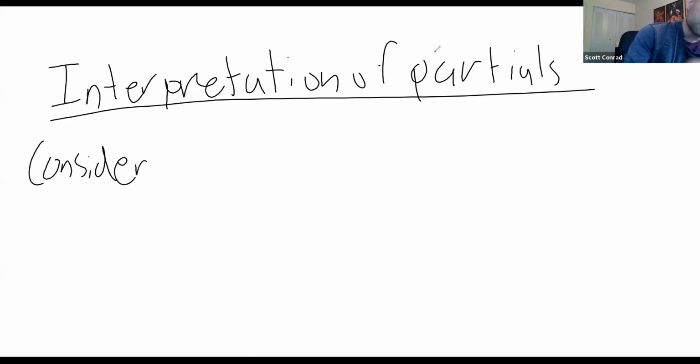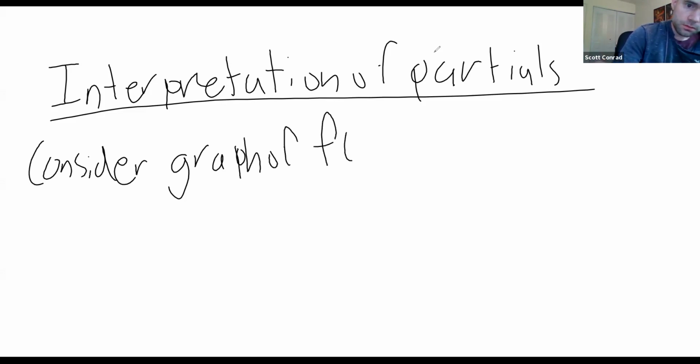Okay, so suppose we have a function f of x y. Let's look at the graph of f of x y. So we have a function of two variables. The graph of a function of two variables is going to be a surface in R3.